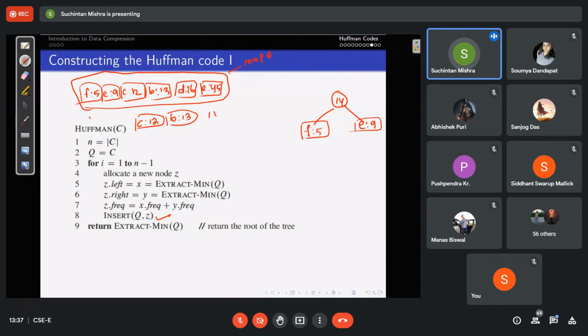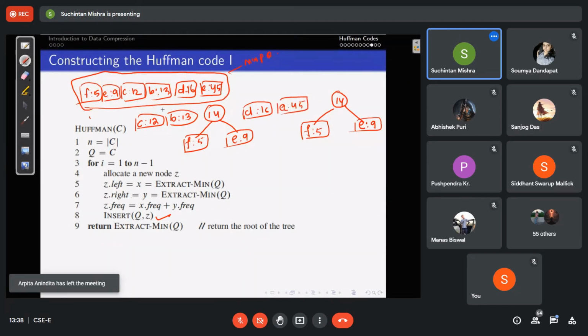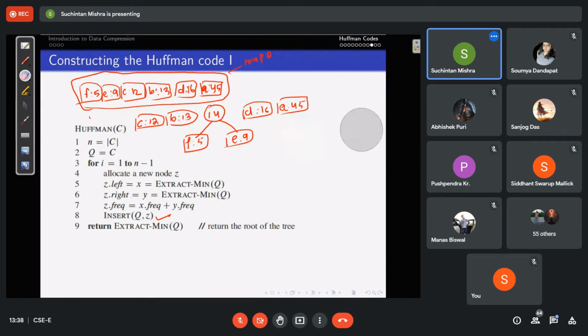Then the new node 14, whose left child is F and whose right child is E. Then there is D16 and there is A45. This is my new queue. Okay, this is step 1.